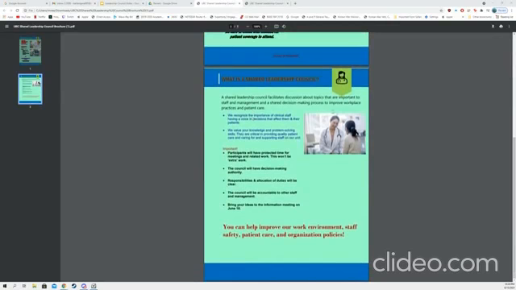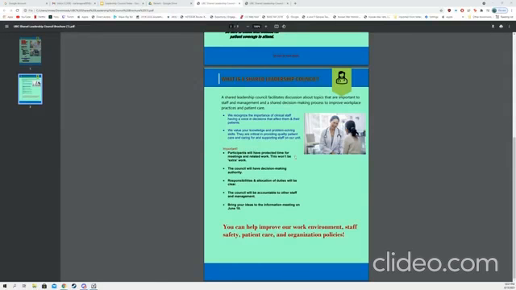Basically right here, we just have it explaining why it's important for the staff and the management and the decision-making process to involve workplace practices and patient care, saying that we recognize the importance of clinical staff, knowing who your deliverable or your brochure is speaking out to, and down here explaining how it's important.